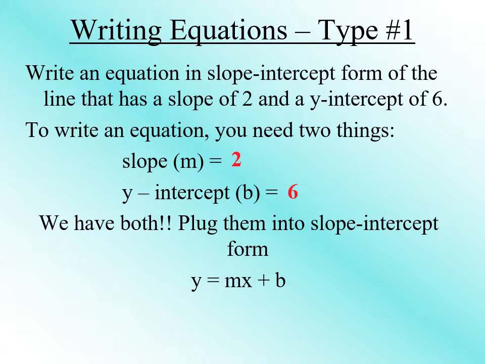Y and x don't get filled in. Okay, so y and x stay y and x in your equation. This is representing all values of y and all values of x. When you plug in different values of x like we did with our tables, you'll get an output value of y.